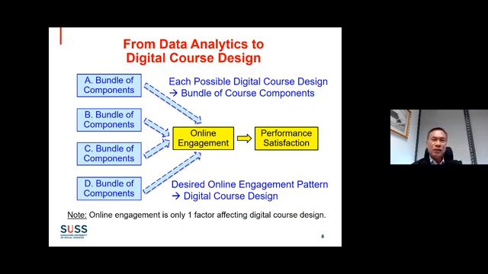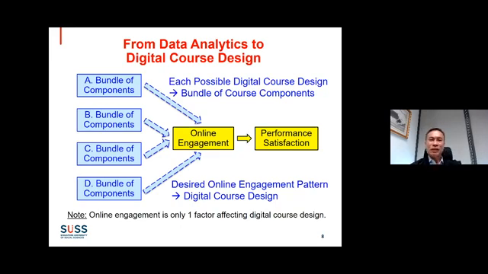It can be, for example, that in bundle A, I put a lot of emphasis on online discussion. I put a lot of emphasis on interactions among students. It can be that in the second bundle, I put a lot of emphasis on self-learning, on students watching lecture videos, on students looking at readings.